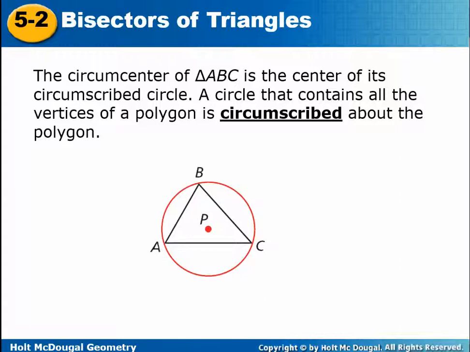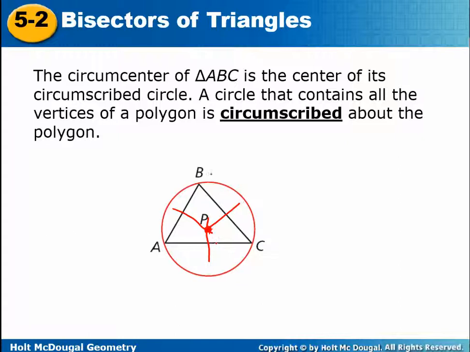Now, here's something else about the circumcenter. The circumcenter is the center of a circle that you could circumscribe about the triangle. So if you made your perpendicular bisectors, there's one, here's one, that point, the circumcenter, would be the center of the circle, and this radius is the same everywhere, right?